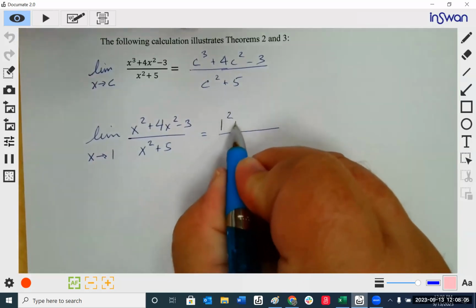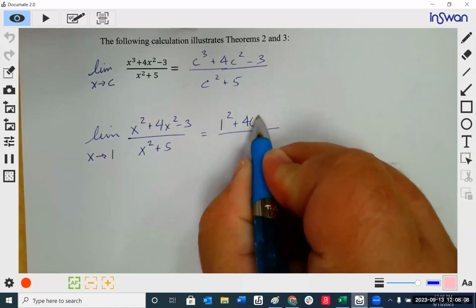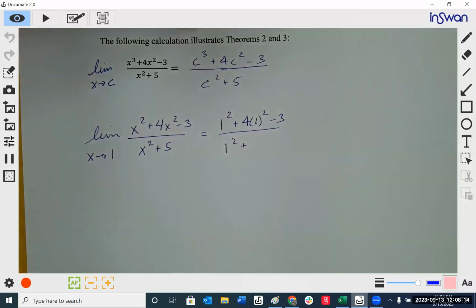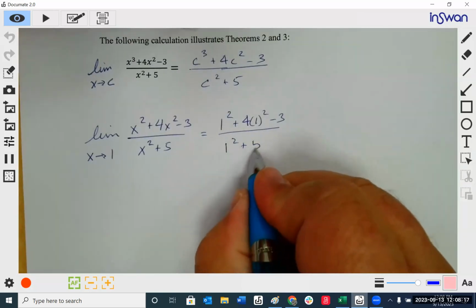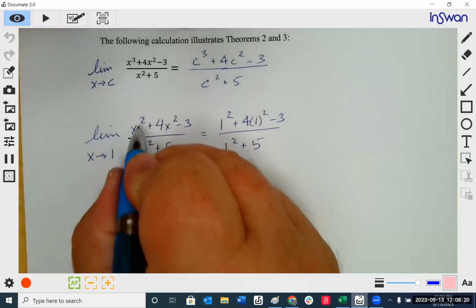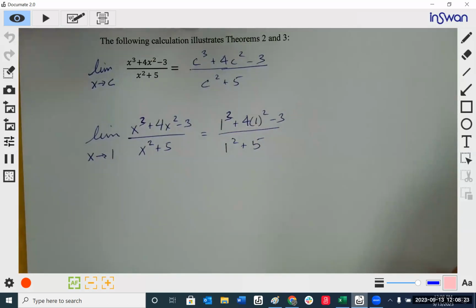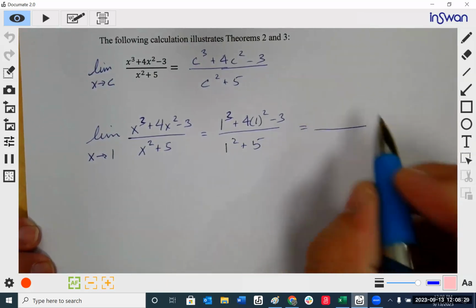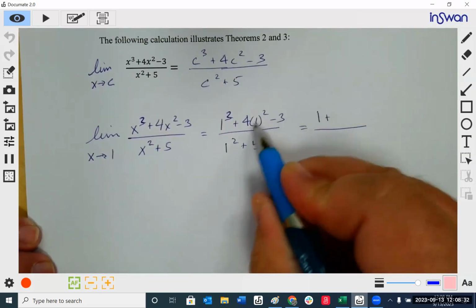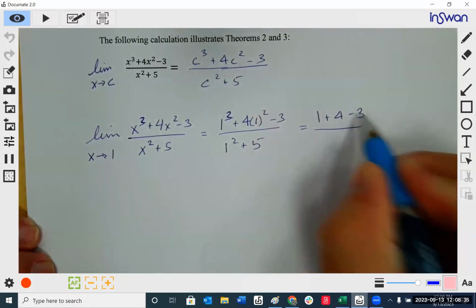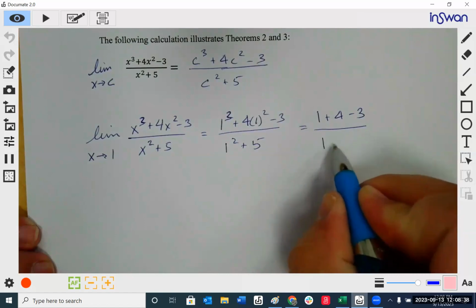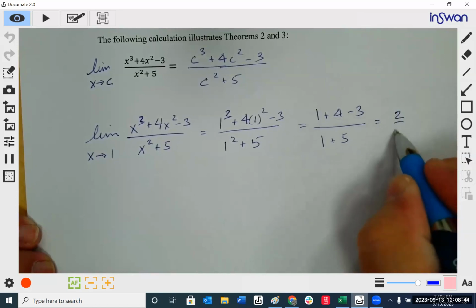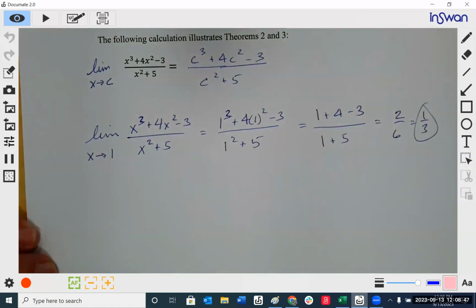So we have 1 cubed plus 4 times 1 squared. 1 cubed is 1. 1 squared is 1, times 4 is 4. Plus 5.